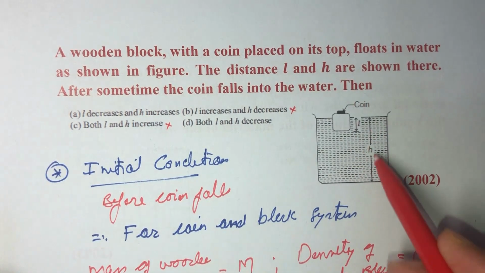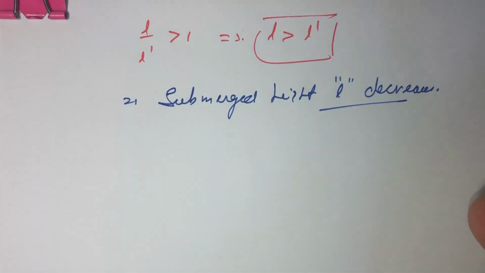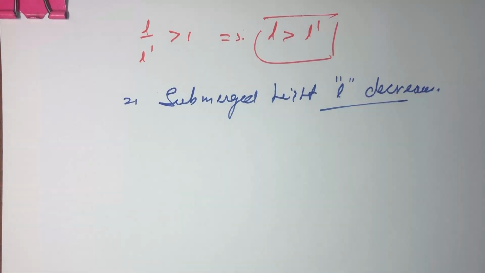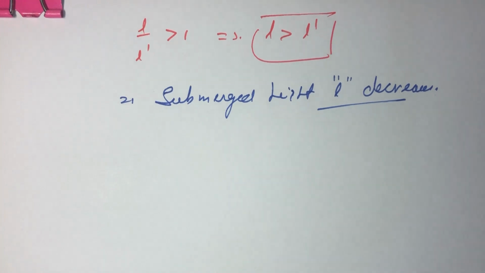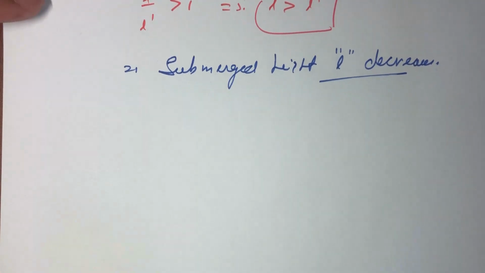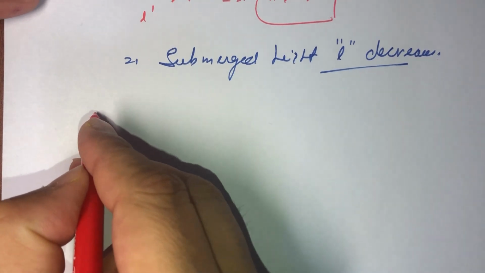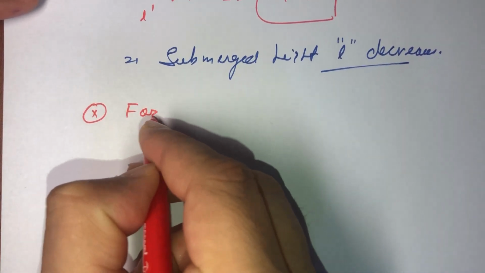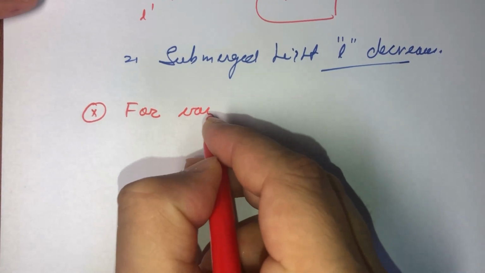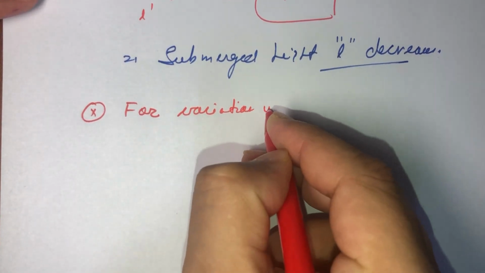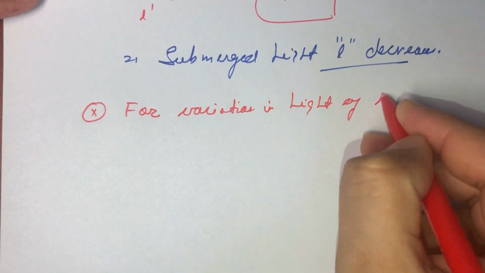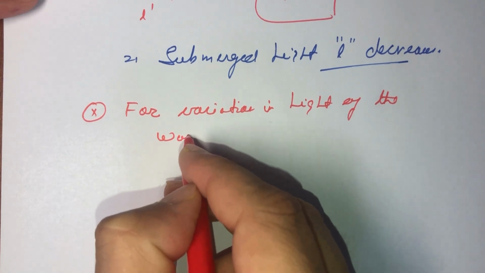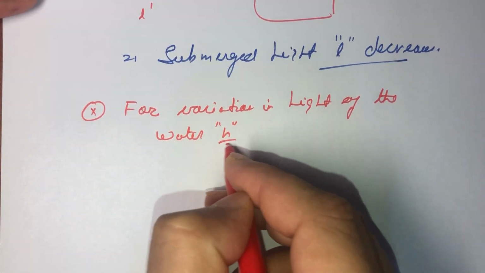Now we are going to find out how our h is going to vary. This is for the variation in the height of the water, which is given as h.